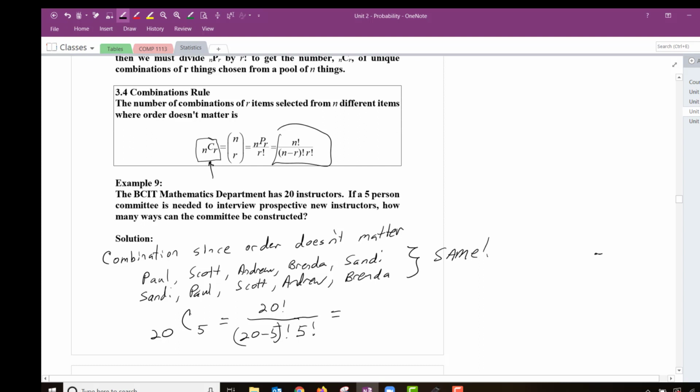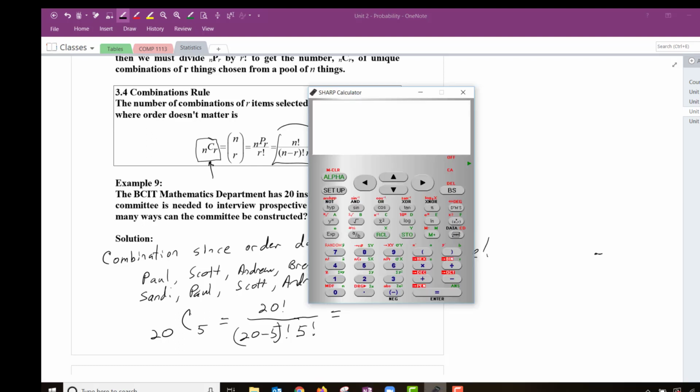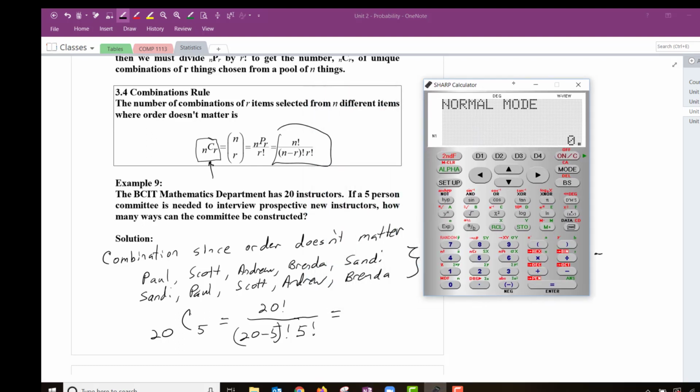You have a handy-dandy combinations button on your calculator as well. It's above the number 5 on your calculator. So in this case, I have 20 second nCr, then we're choosing 5, and we hit enter, and it's 15,504.